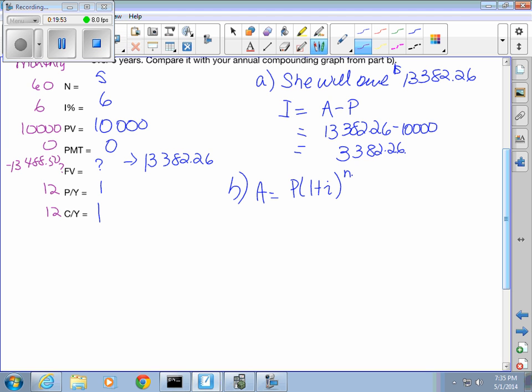So if I do my sums for this, I'm going to compare year 1, 2, 3, 4, 5, the sum of the interest yearly.